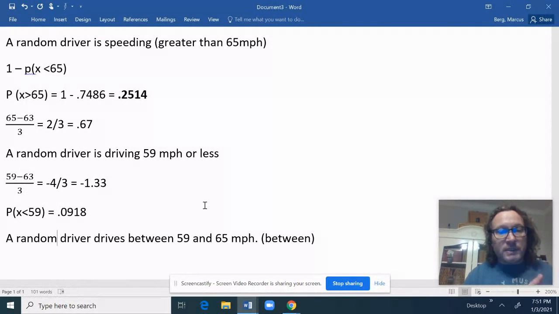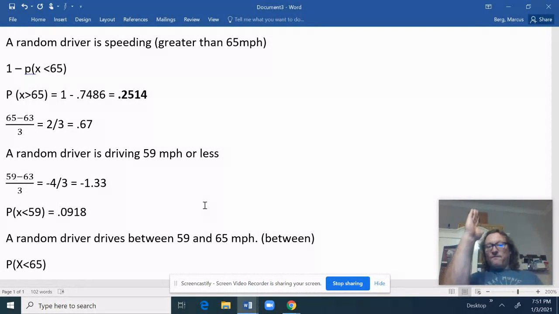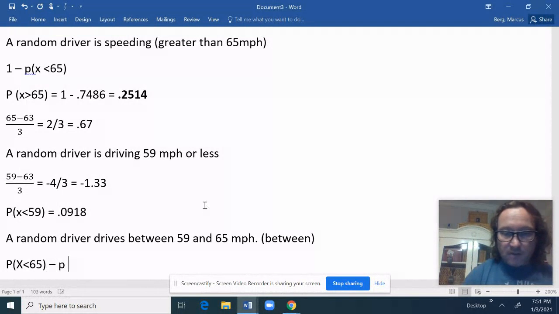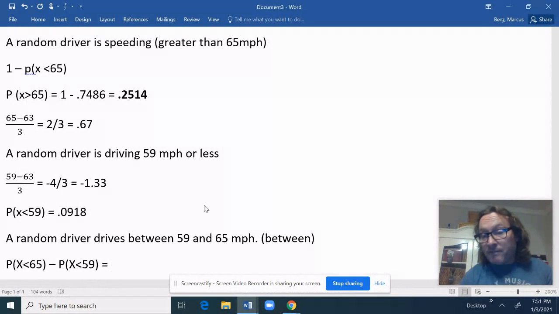What about in between? Luckily for us, I picked two values that we've already used. To do in between, I'm going to find the larger value. I'm going to take the probability that x is less than 65, and I'm going to subtract out the probability that x is less than 59. If we had not already looked these up, we would have to convert these into z values.